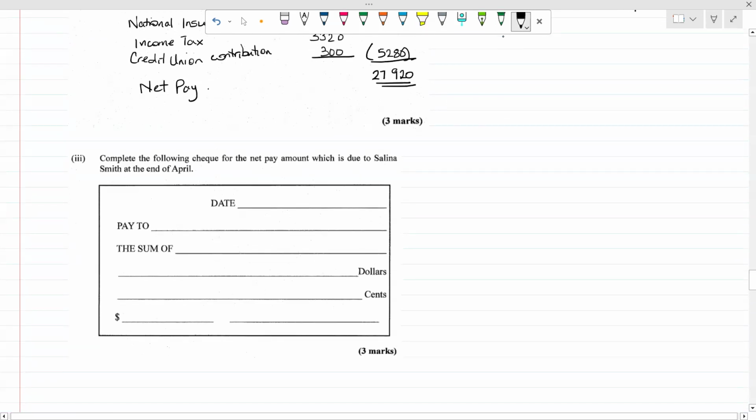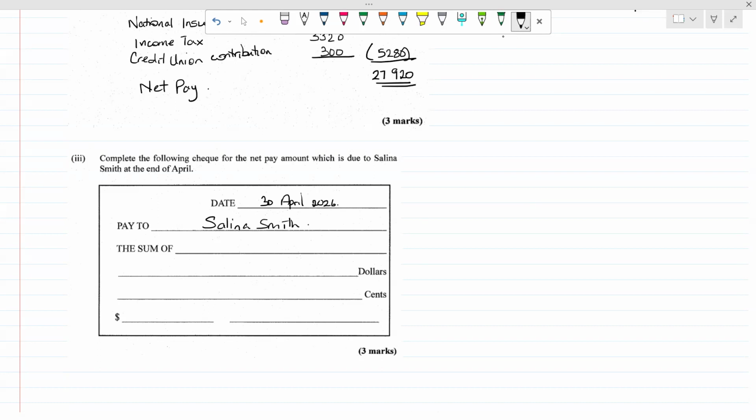Complete the following check for the payment amount which is due to Selena at the end of April. So 30th of April, 2026. Her name is Selena Smith.